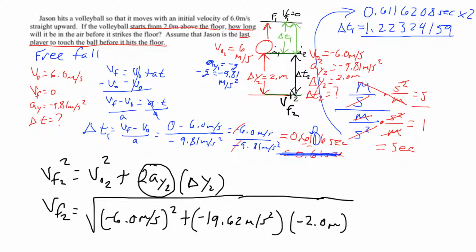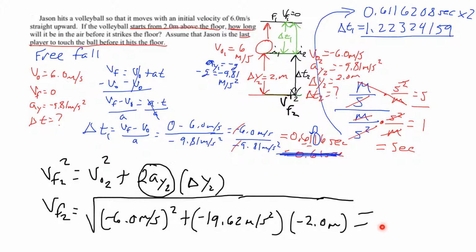So now we can plug that into our calculators and get an answer. And because we're going to be using this final velocity to figure out what the time is, we're going to need all the decimal places. So let's get that.